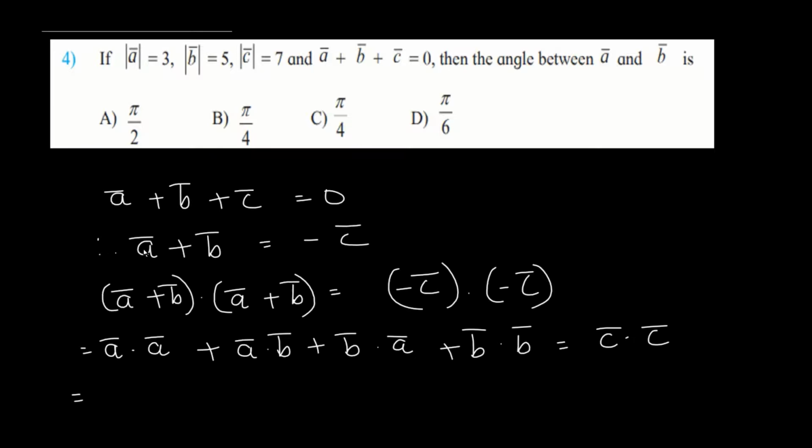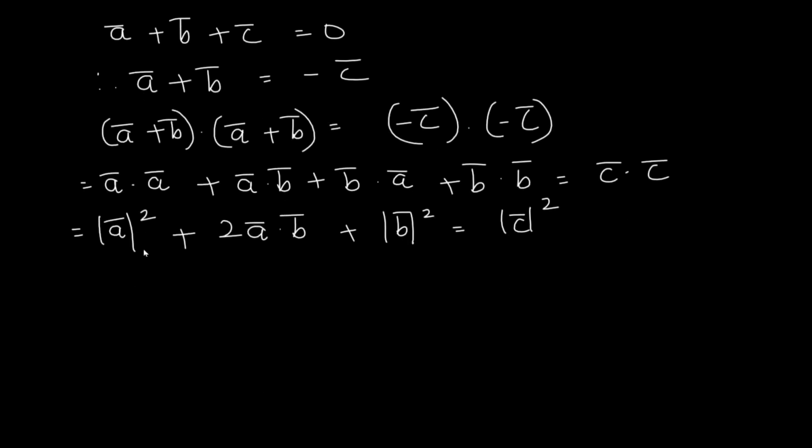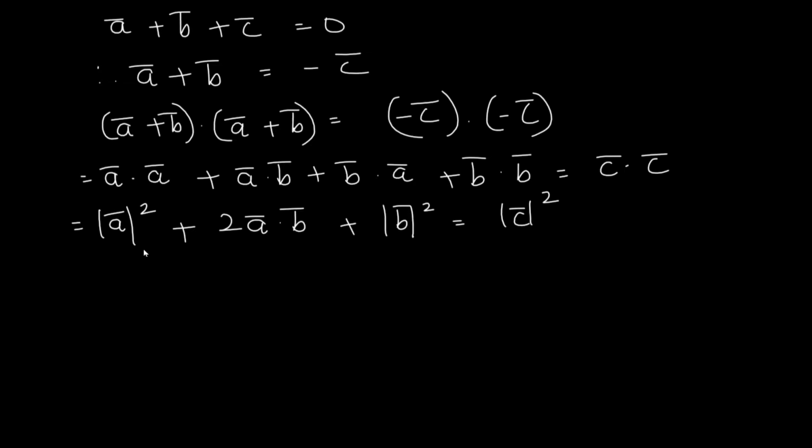Now A dot A becomes |A| square plus 2 A dot B plus |B| square is equal to |C| square. The magnitudes of A, B and C are given in the question already, so we write the values over here. |A| square is 3 square plus 2 A dot B plus |B| square is 5 square is equal to |C| square, which is 7 square.